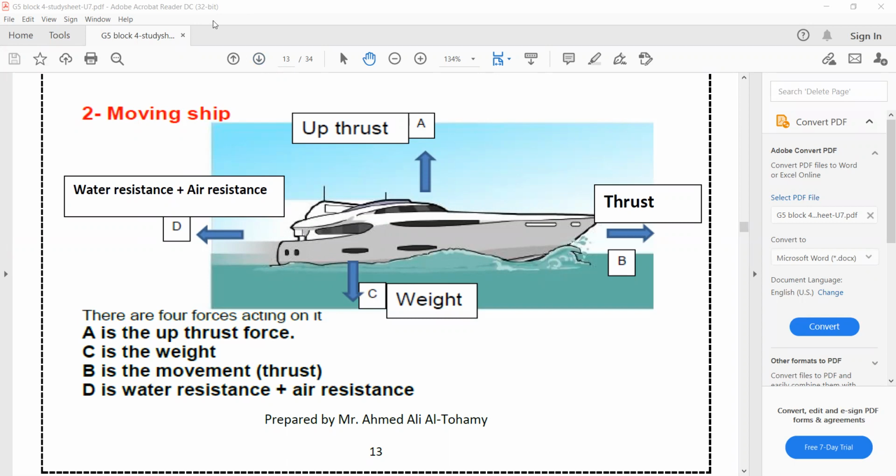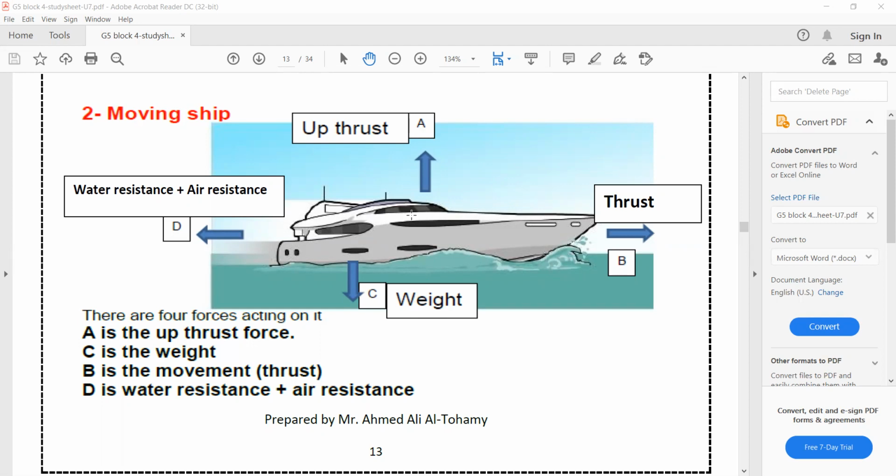Moving ship. In this picture, we see a ship is affected by four forces. A and C are the upthrust force from the water to the ship, and the weight force from the earth on the ship.